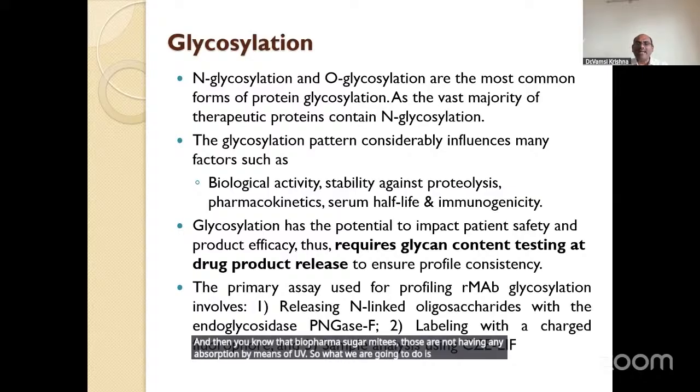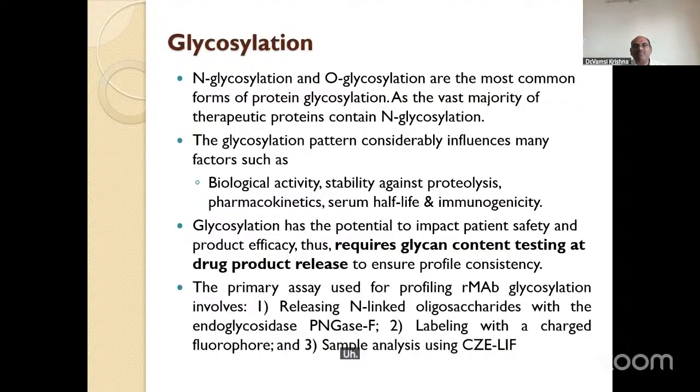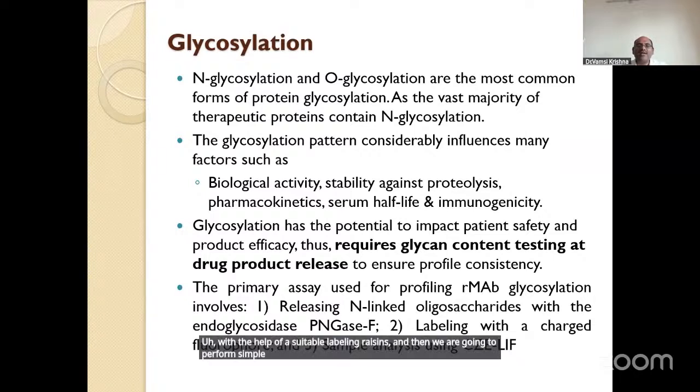So we have to label these charged sugar molecules, charged analytes, with a suitable labeling reagent. And then we perform simple capillary zone electrophoresis, and the detector we use is a laser induced fluorescence detector, LIF.